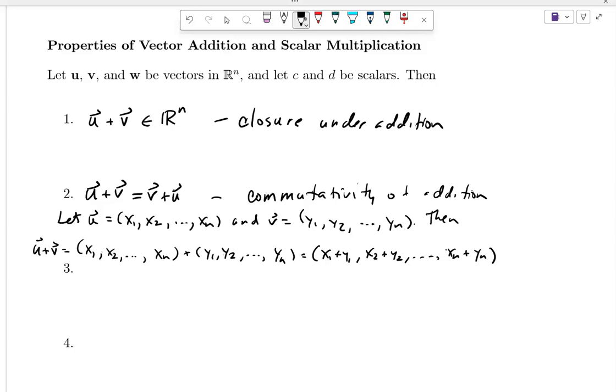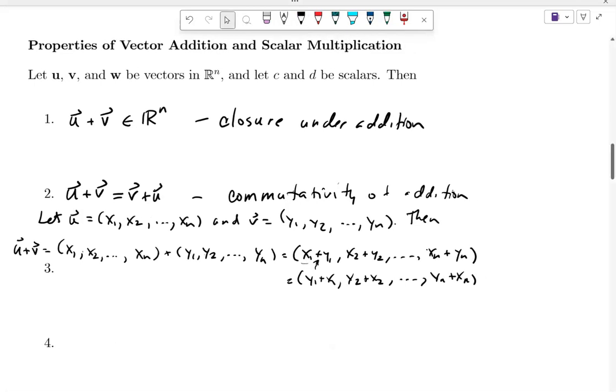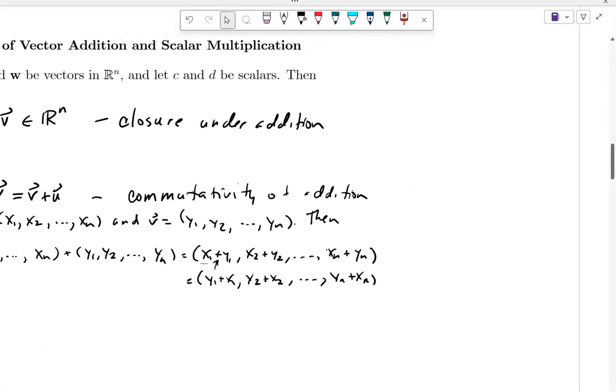Now remember, what are we trying to prove? That we really can flip it around. But what kind of objects are the x1 and y1? Real numbers, and this plus sign right here really does mean real number addition, right? So what can I do in each component? Flip it. I can just rewrite it as y1 plus x1, y2 plus x2, and so on down the line, which I can just split back apart.